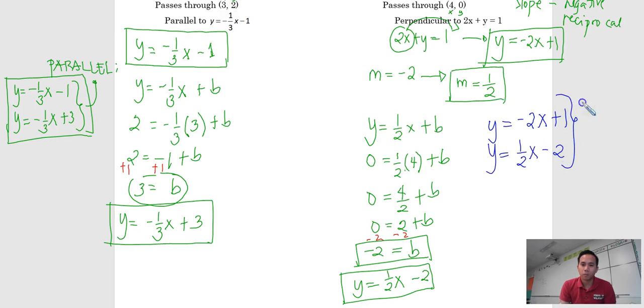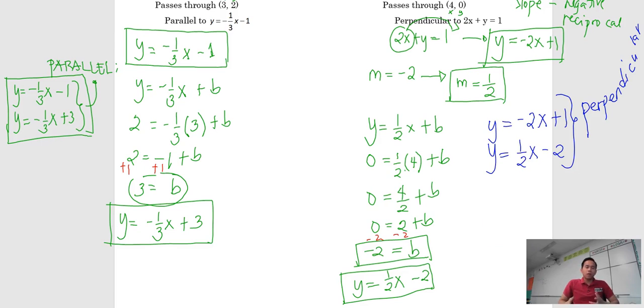These are perpendicular, because if you take a look at the slope, it's the negative reciprocal. All right, so that is how you do your parallel and perpendicular lines.